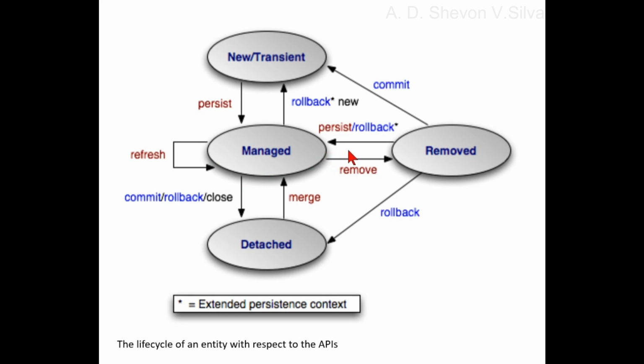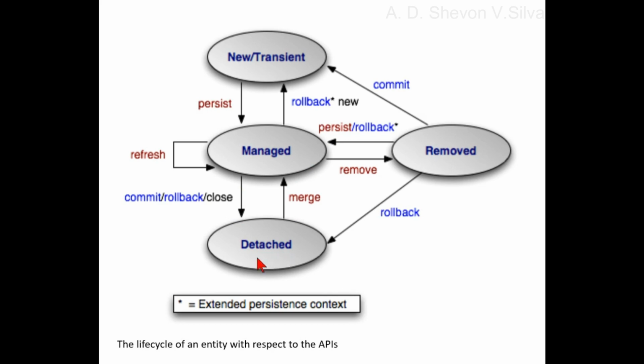Persist and rollback are passed from removed to managed. Rollback here is in an extended persistence context. Commit and rollback are passed from managed to detached, and merge is passed from detached to managed.